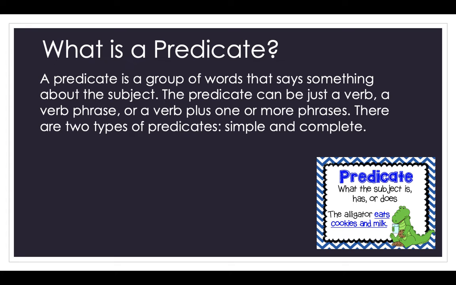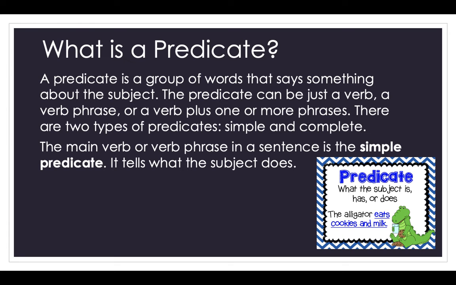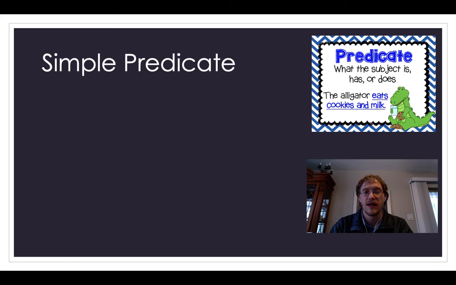There are two types of predicates, simple and complete. The main verb or verb phrase in a sentence is the simple predicate. It tells what the subject does. Here's some more about the simple predicate. Remember, the predicate is just another name for the stuff that comes after the subject. It's another way of looking at our sentences.